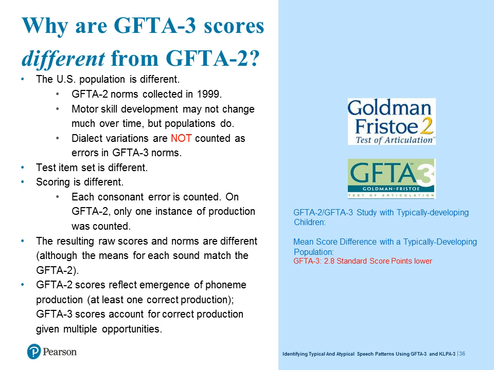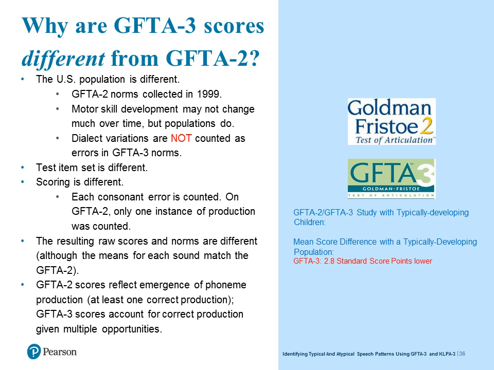The test item set is different. We try to retain about a third of the words, but that means two thirds of the words are different. Many of those words have a more complex word shape as well. Scoring is different. Instead of having one targeted sound and one targeted word, each consonant error is counted. The resulting raw scores and norms are different.